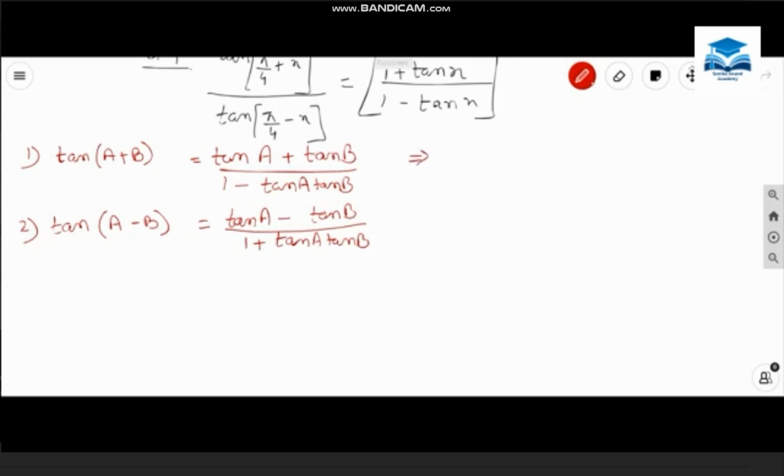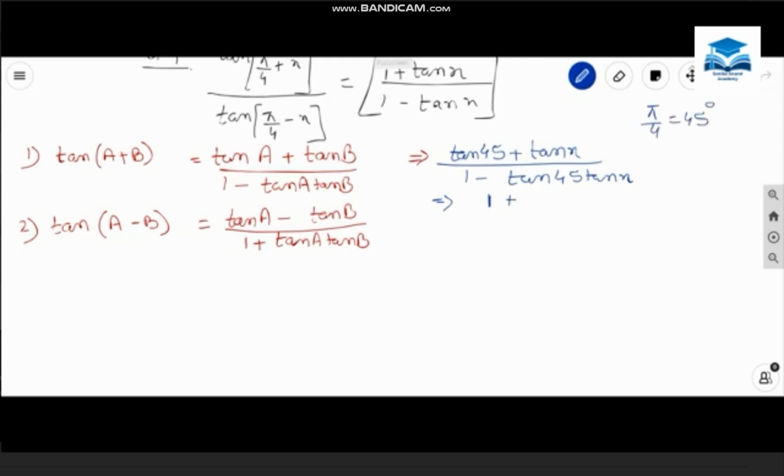So we can simply write in this way, tan 45 plus tan x over 1 minus tan 45 into tan x. When we substitute these values, the value of tan 45 is 1. Pi by 4 means 45 degree. Clear?